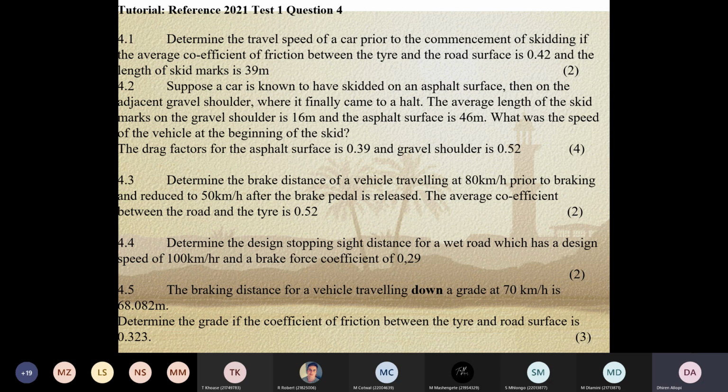And again, as I mentioned a short while ago, no annexure will be attached to test 1. So you need to know the formula pertaining to the few calculations that we did in module 3 that covered driver and vehicle characteristics. And this question comes out of module 3, taken from a previous test.